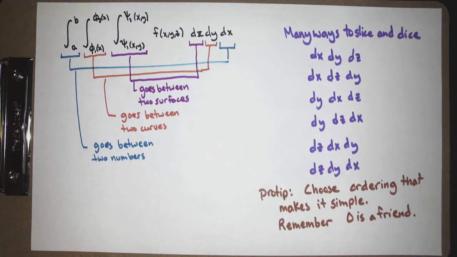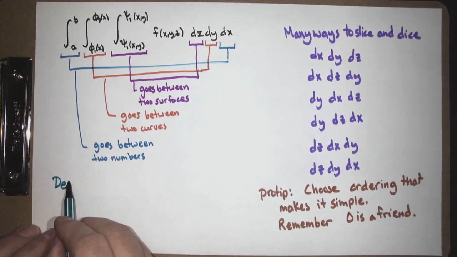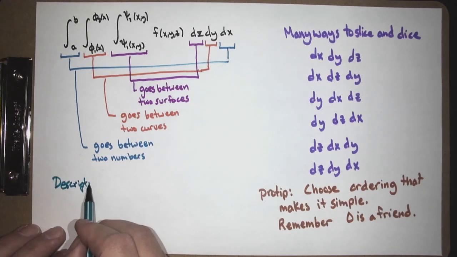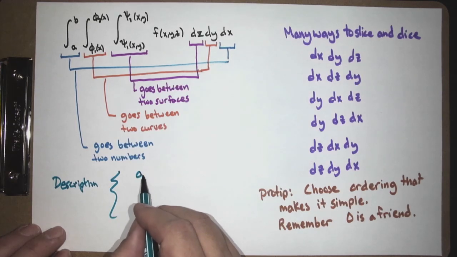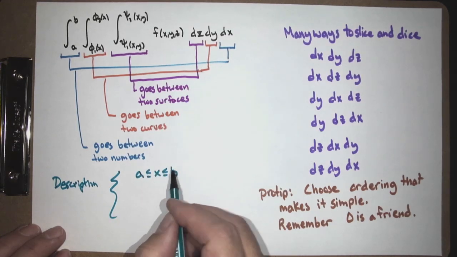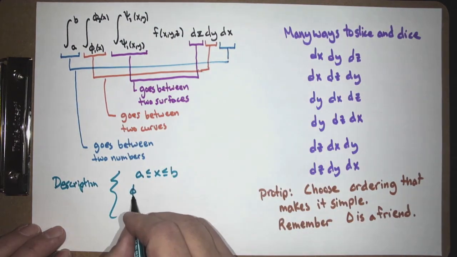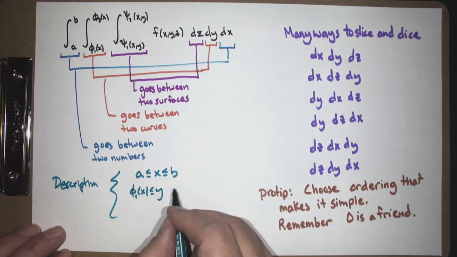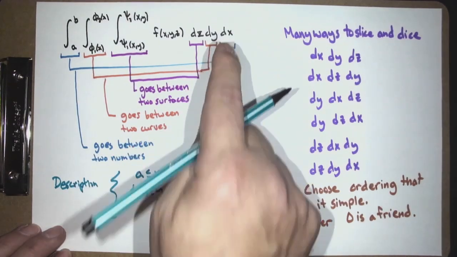So what we end up with is that this is describing our region in the following way. So this says our region has the following description, namely that a is less than or equal to x, less than or equal to b. That's from the outer layer. Phi 1 of x is less than or equal to y, less than or equal to phi 2 of x. Our middle layer.